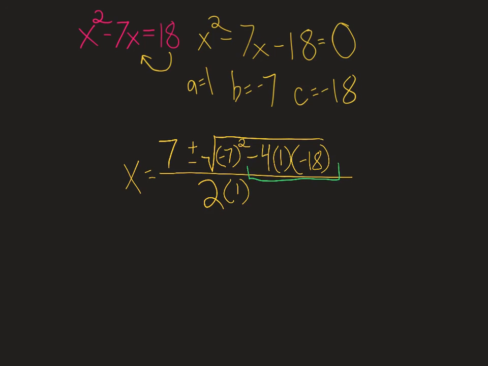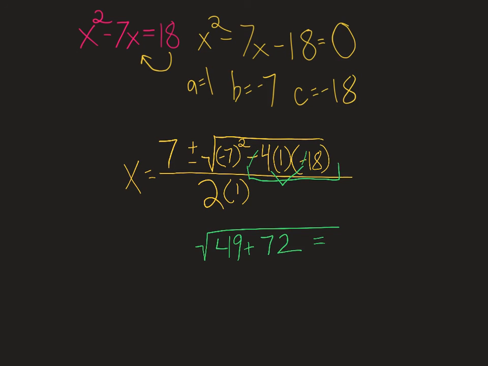Start in my radical. Pair of negatives will cancel, so we know it's now going to be plus. They'll be adding together under there. The 1 won't matter. It's just 4 times the 18, which is 72, I think. And then negative 7 squared, 49.